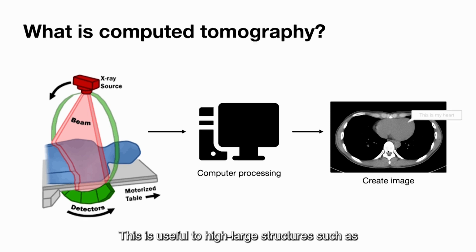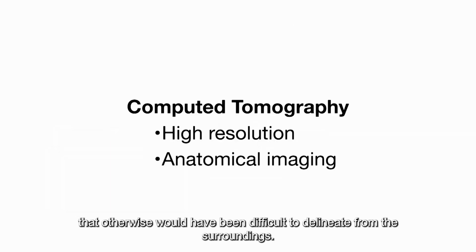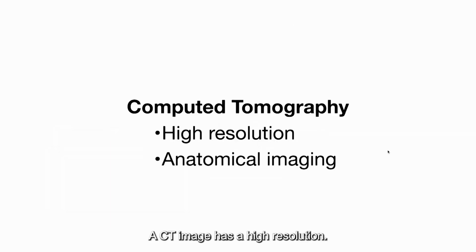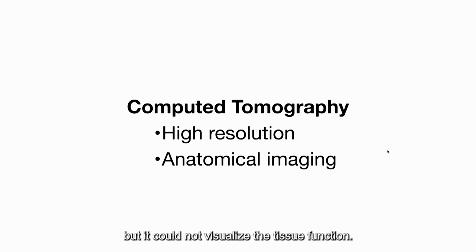This is useful to highlight structures such as blood vessels or heart cavity that otherwise would be difficult to delineate from their surroundings. A CT image has high resolution, so it is good for getting anatomical information such as tissue position or shape, but it cannot visualize the tissue function.